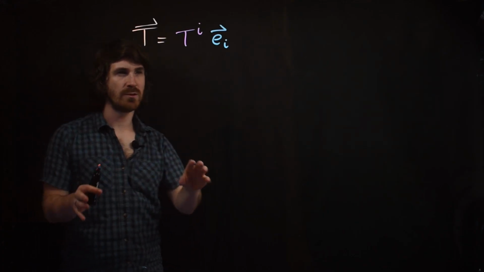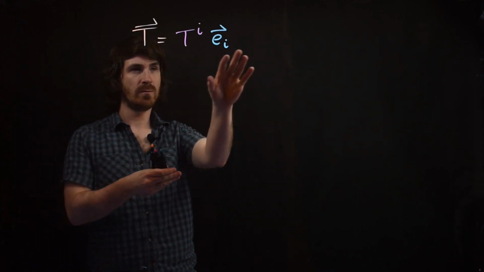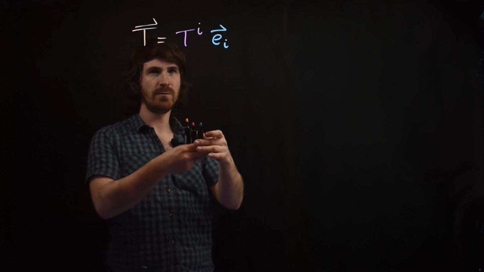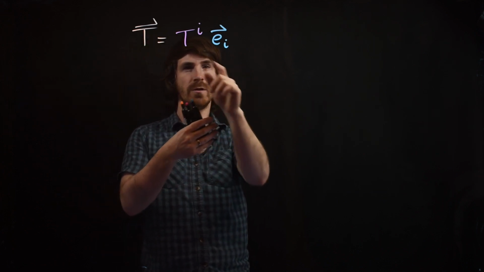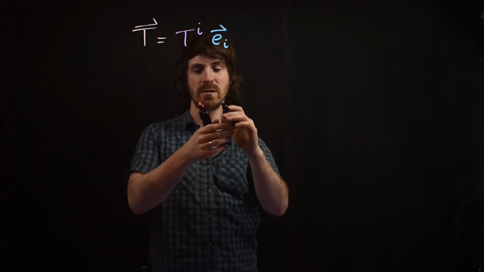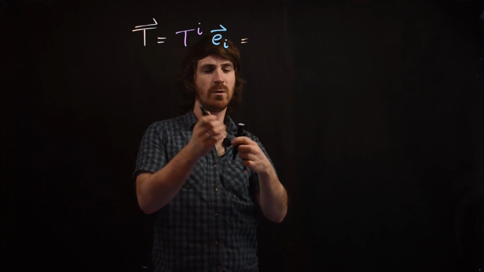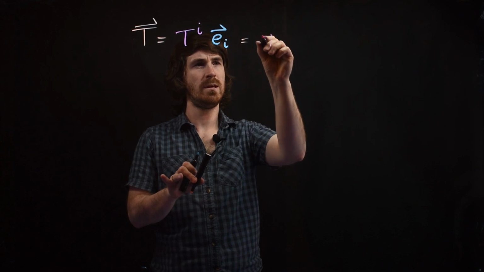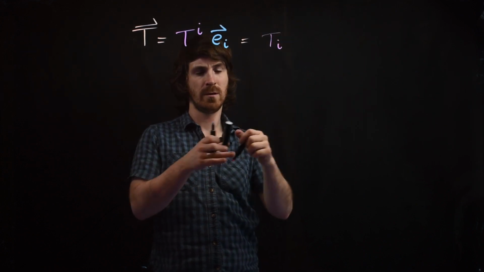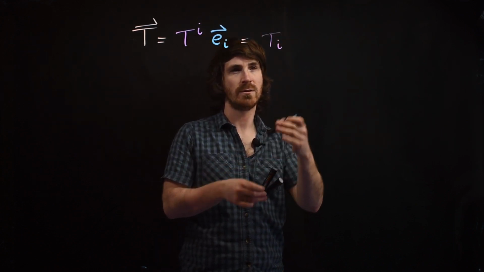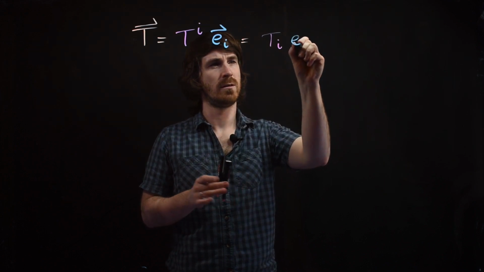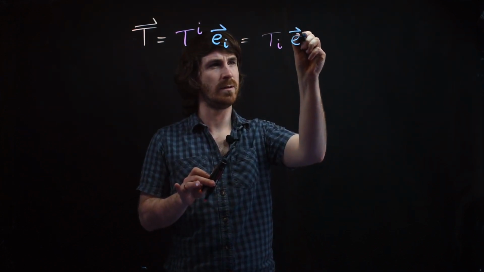Now that we have the dual vectors at hand, we can write our vector in a different form. Instead of with the contravariant component and the natural basis vector, we can write it with a covariant component, t_i, times the dual basis vector. That's what we introduced in the last section.